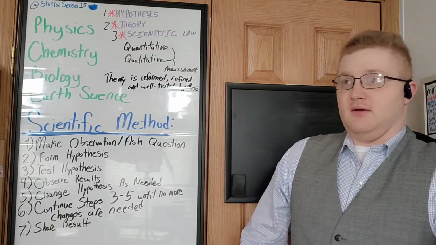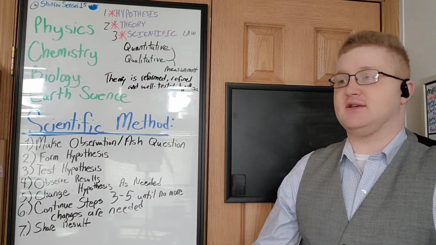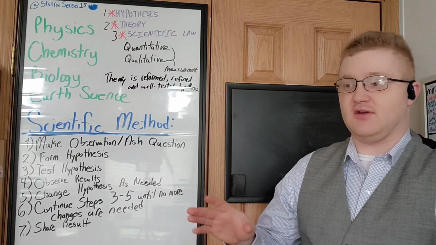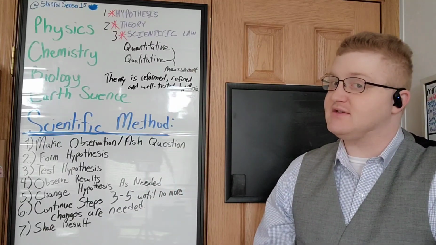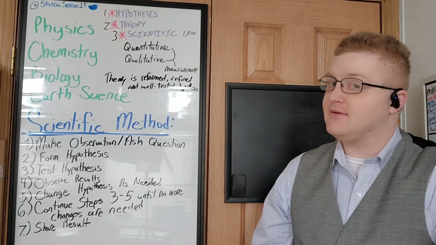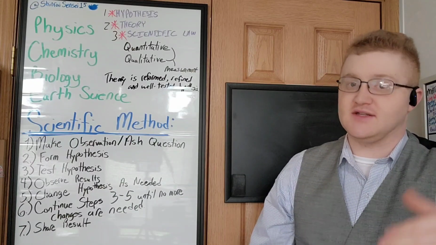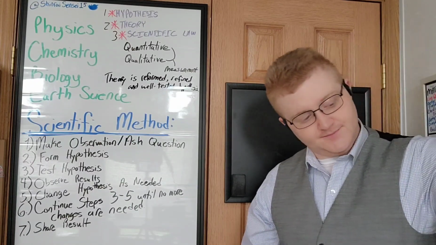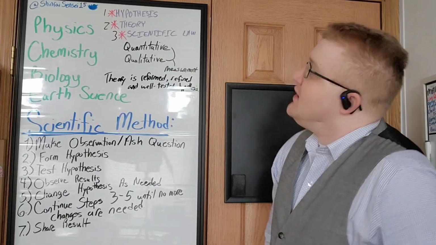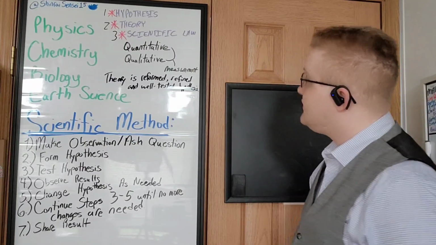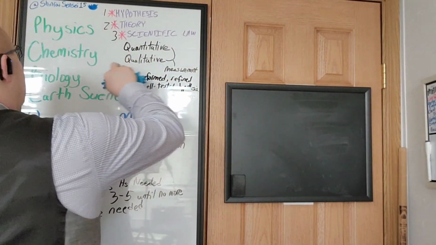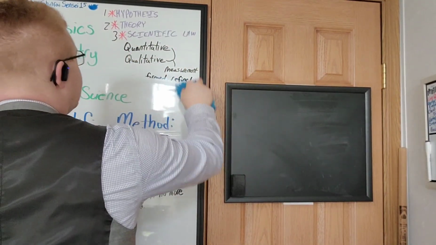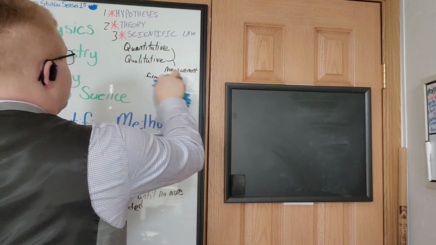And now a majority of individualized tests made by multiple different scientists are proving your theory correct, or your hypothesis correct. Now it's a theory. And so it moves up in the hierarchy to the second step of theory, right?